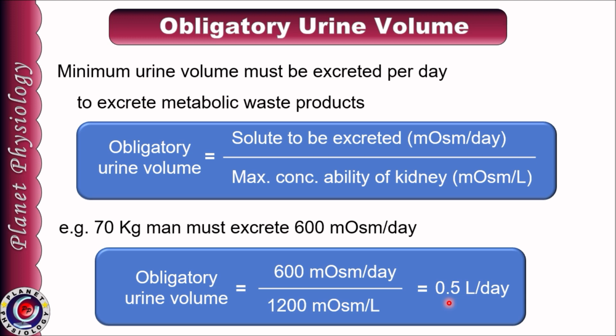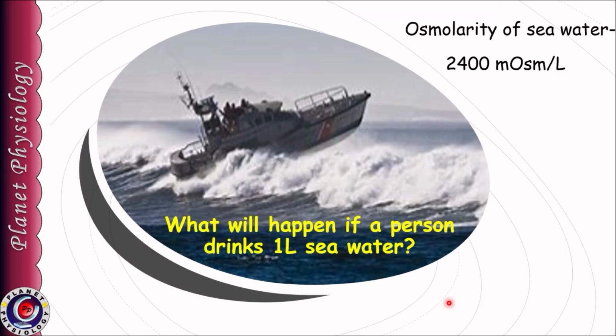Now, if the concept of obligatory urine volume is clear, you can understand why one should not drink seawater even in emergency situations like when a person is trapped in the middle of sea and his drinking water is exhausted. If a person drinks say 1 liter of seawater in emergency situations, seawater osmolarity is 2400 milliosmoles per liter.